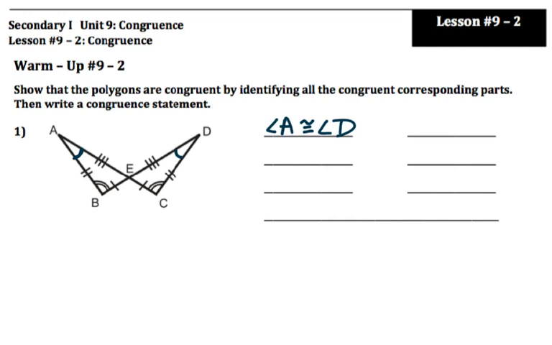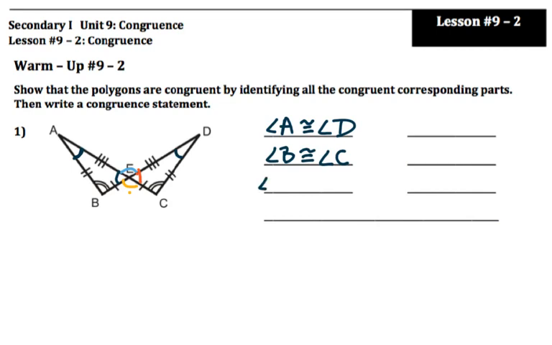Then I look at the next, so I have angle B. And angle B has two arcs. Angle C also has two arcs, so angle B is congruent to angle C. Now we have to be careful about this third angle with angle E, because angle E has 4 possible angles. So we have to use 3 letters to clarify which angle we're referring to.